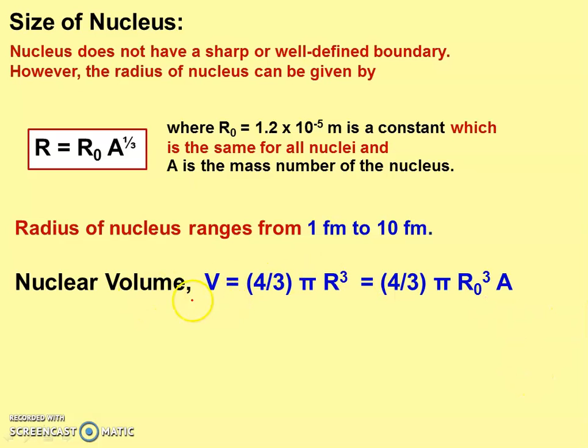The volume of the nucleus is 4 by 3 pi r cube, since as per the liquid drop model, the shape of the nucleus is spherical.